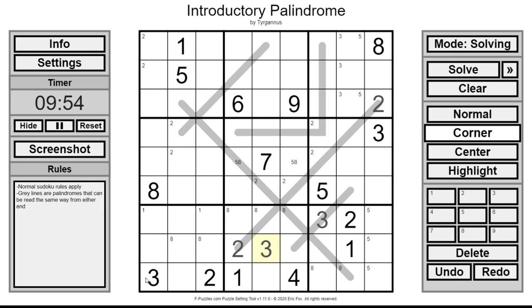3 sees this space. So that space can't be a 3. This space... yeah, that could be a 3, I think. Oh wait, no it can't. Because of that 3. So 3 is restricted down here.